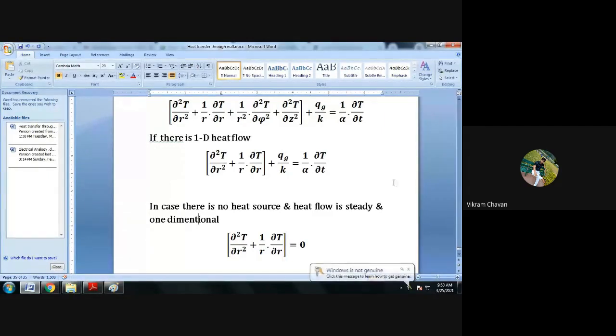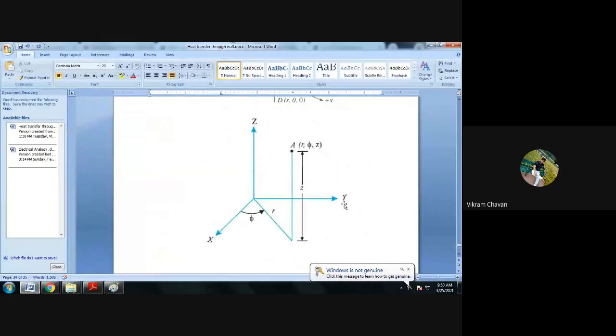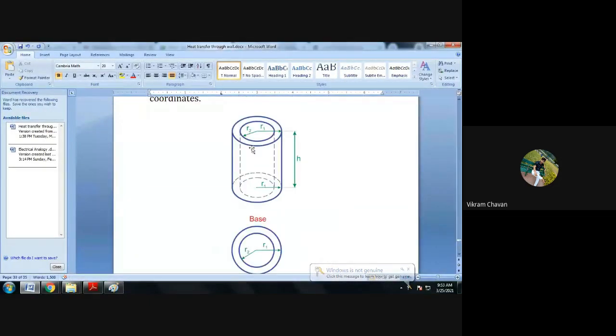In the cylindrical coordinate system, what have we considered initially? Initially, we have considered one hollow cylinder. The front view of the hollow cylinder will be in this manner, and the top view we will see in this manner.